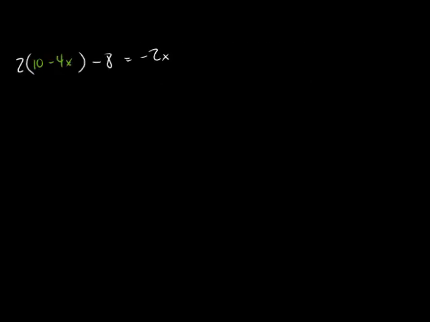We'll begin by distributing the 2 to the 10 and negative 4x. We'll take the 2 times the 10 and 2 times negative 4x. When we do that, we'll get 20 minus 8x. We'll still have negative 8 equals negative 2x. Now we'll try to move the x terms to the same side.